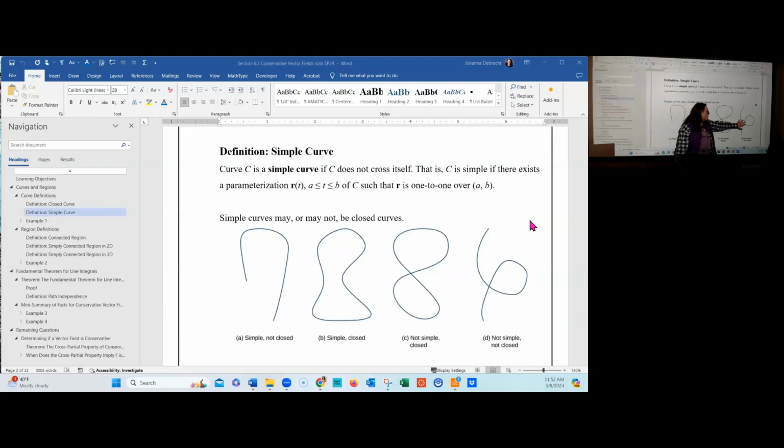The curve on the far right, which looks sort of like a 6, but with the curve continuing down, is not simple because it does intersect itself here. And it is also not closed because you don't end up back where you started. It is true that there is a loop in it, but the entire curve is not, in fact, a loop. So it is not closed.